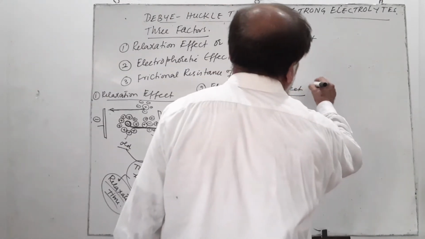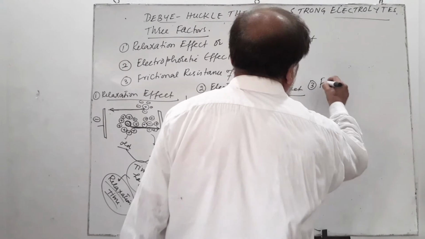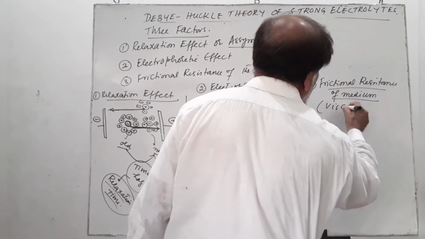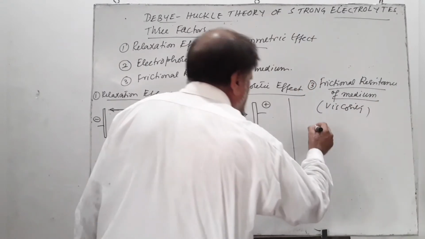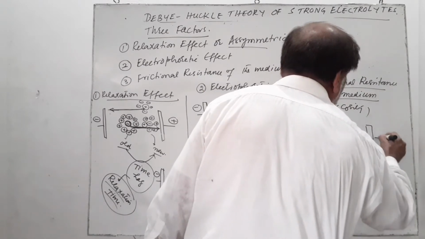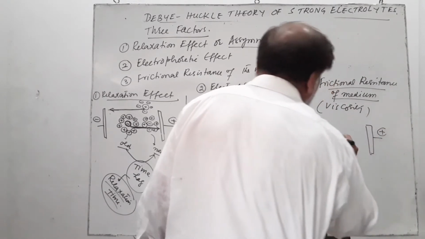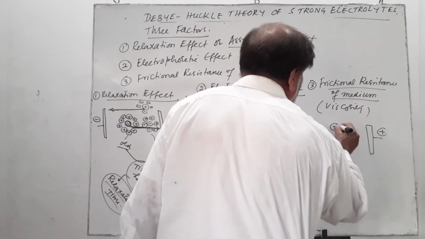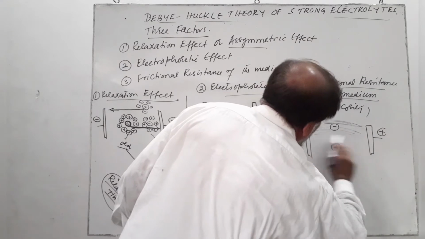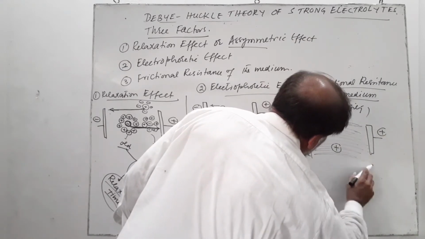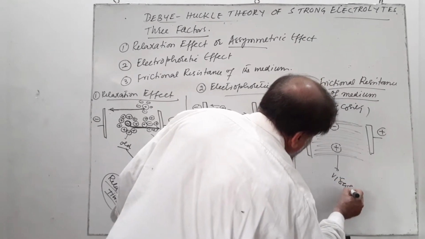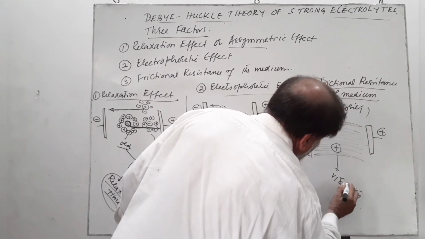The third factor is known as the frictional resistance of the medium, or viscosity of the liquid. Let us suppose we have two electrodes, the negative electrode and the positive electrode, and we have ions, the negative ion and the positive ions, and these ions are present in a medium, in a solvent, and this solvent has a certain viscosity, which is the resistance to flow of a liquid.